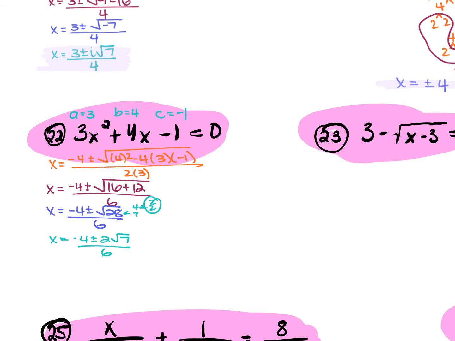Can this be simplified? Yes. The -4, the 2 square root 7, and the 6 are all divisible by 2. So that -4 is going to become a -2, the 2 becomes 1, and the 6 becomes 3, to give us x is equal to -2 plus or minus 1 square root 7, so that's just the square root of 7, over 3. This 3 that's on top should be a 2. This should be a -2, sorry guys. So -2 plus or minus the square root of 7 all over 3.